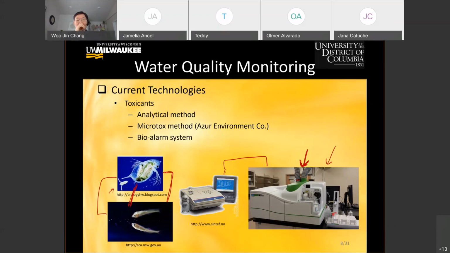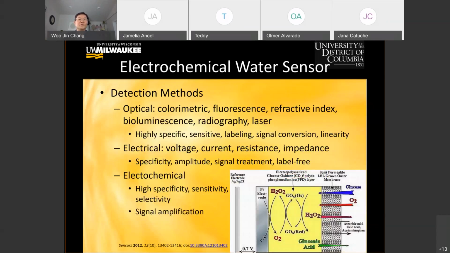That is quite an interesting approach to continuously monitor the quality of water, and it is especially efficient for natural water monitoring.